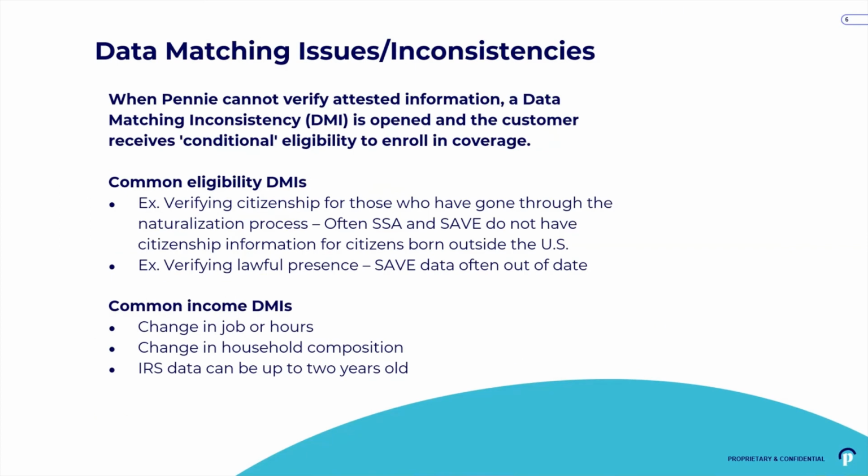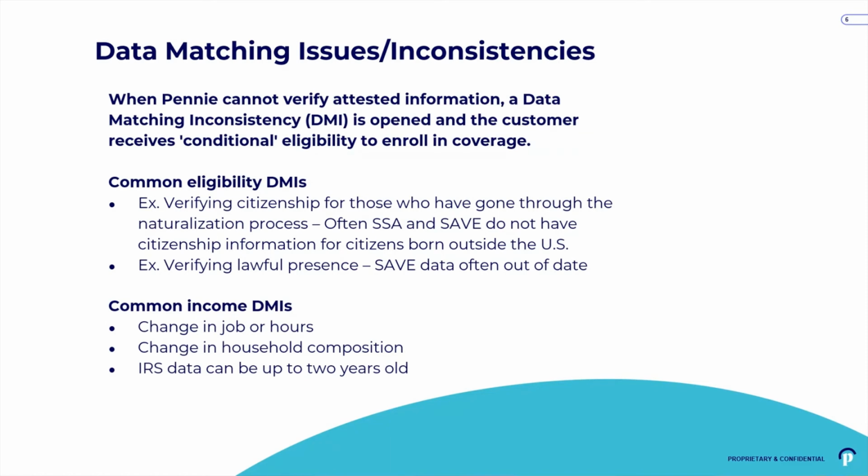With regard to data matching issues and inconsistencies, when Pennie cannot verify attested information, a data matching inconsistency, a DMI, is opened, and the customer receives conditional eligibility to enroll in coverage. Common DMIs are verifying citizenship for those who've gone through the naturalization process.